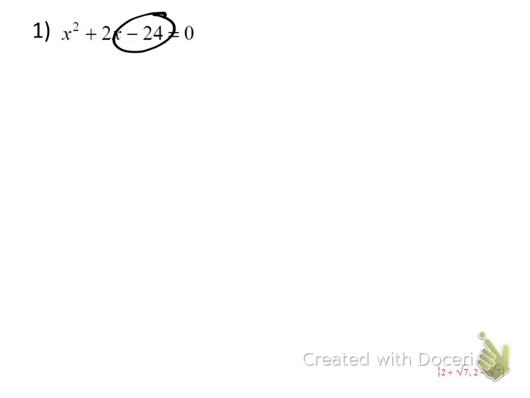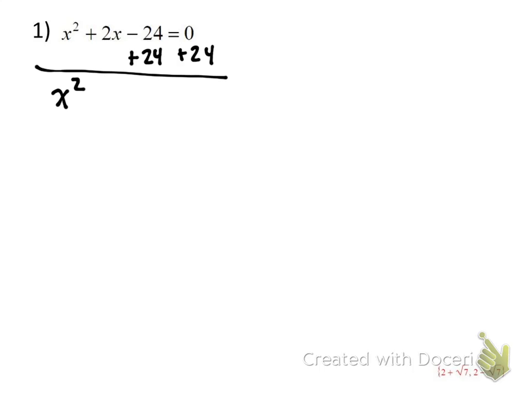We want to move negative 24 to the opposite side. So I do the opposite of minus 24. I add 24 to both sides. So we got x squared plus 2x is equal to 24.